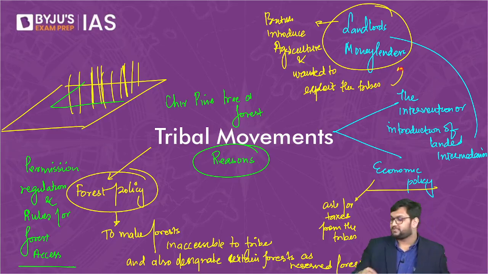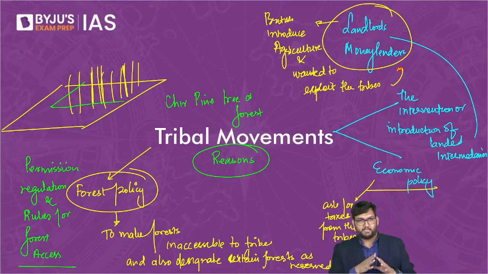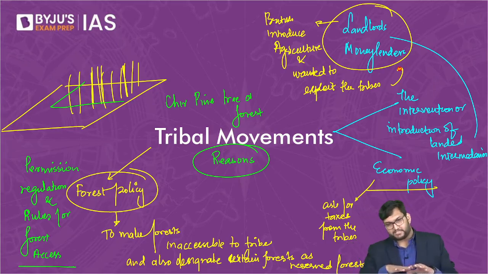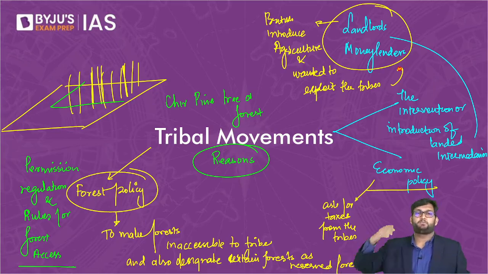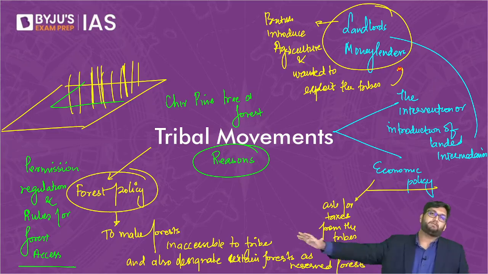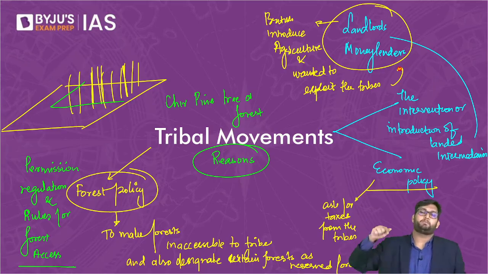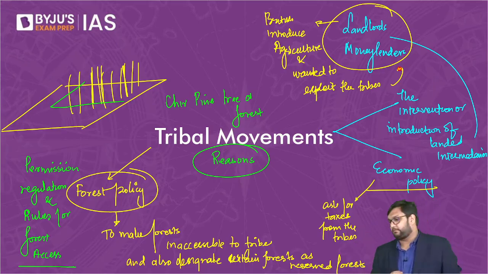And therein again, these intermediaries started to exit the main agrarian sector and started to enter into the forested area. So forests were cut down, agricultural land was created, and therein the tribes were made into tenants or agricultural labor.